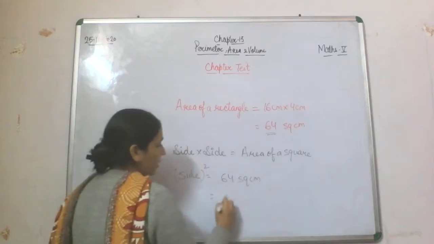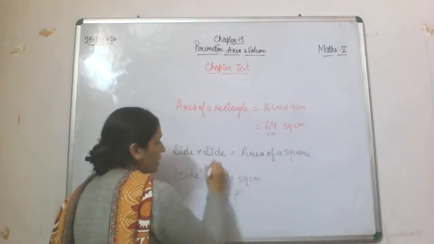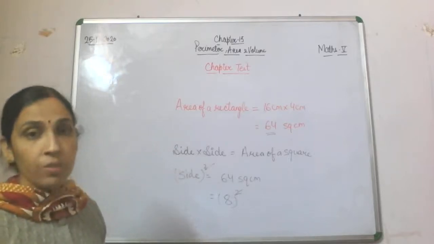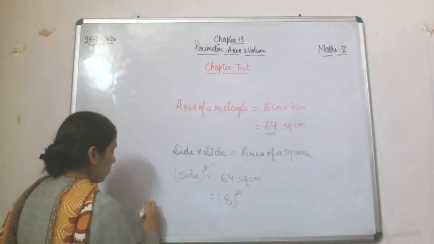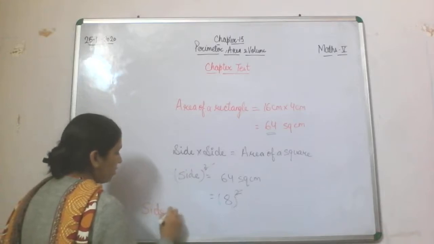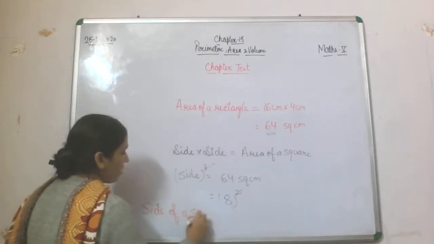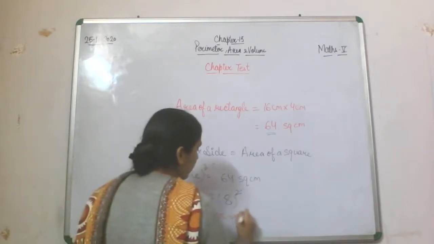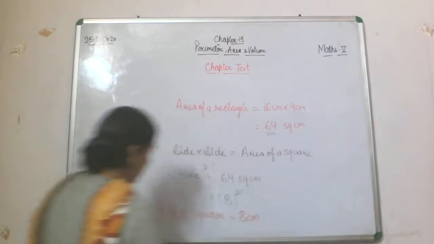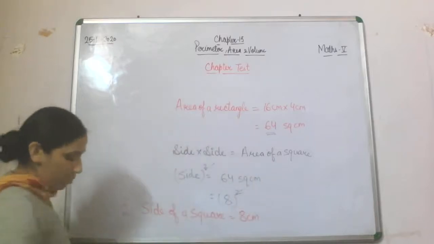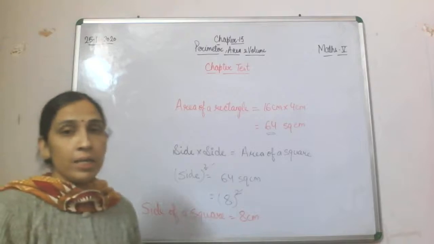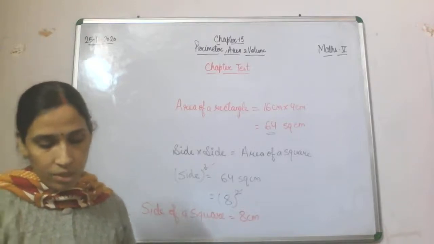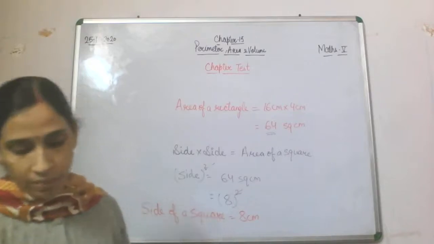So side times side is 64, and the side will become 8 centimeter. This will be your side of the square, because the rectangle and square have the same area. So we find the area of one, and then we put that.